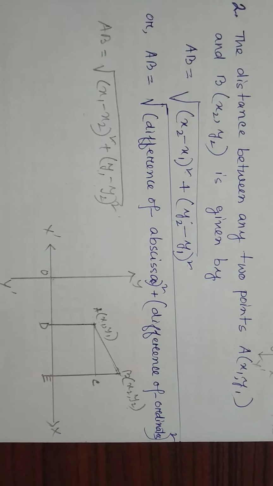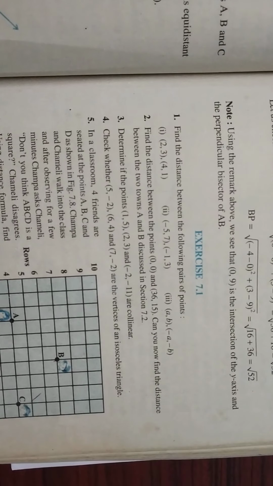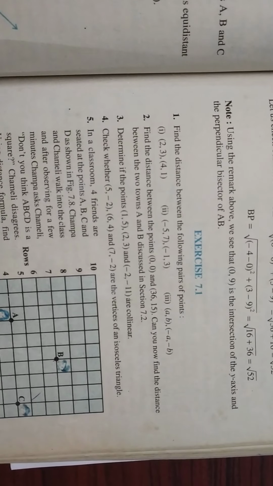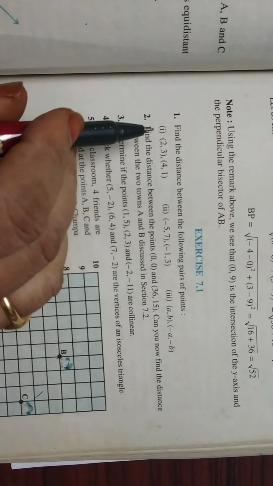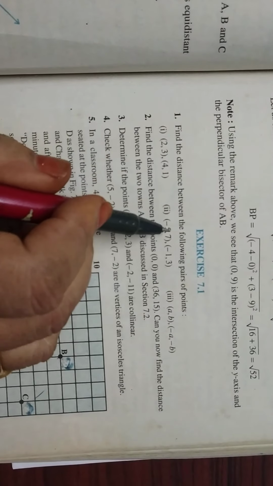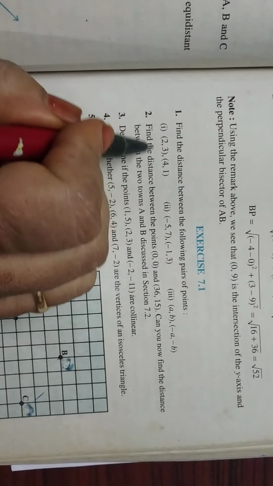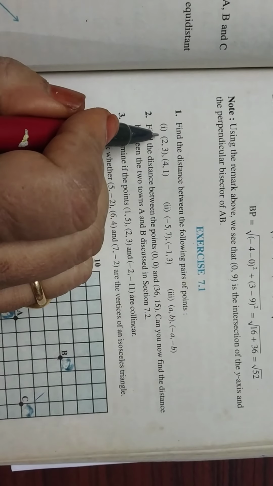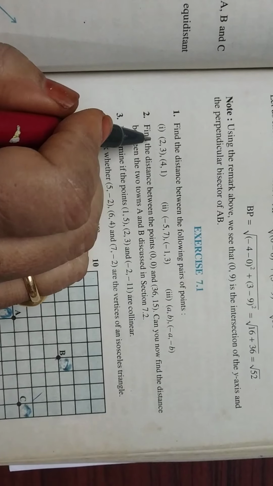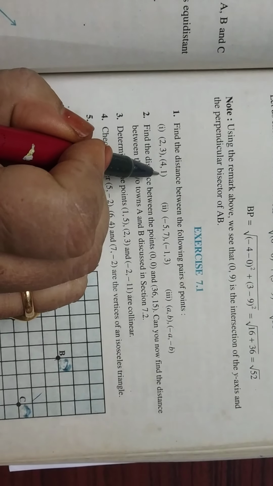Now we will discuss exercise 7.1. First question: find the distance between the following pairs of points. The first pair of points is (2, 3) and (4, 1). Suppose one point coordinate is (2, 3) and another point coordinate is (4, 1).